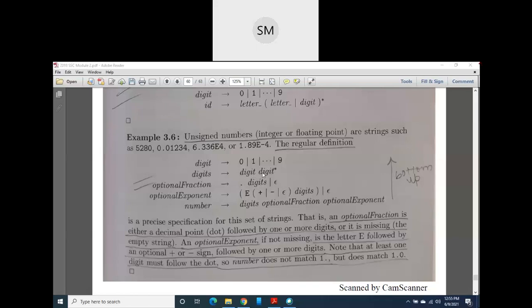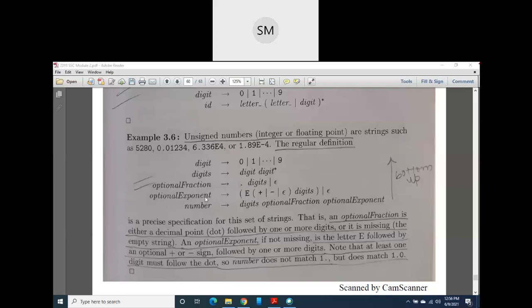Then after that digit, there may be 0 or more digits, or else epsilon. Why epsilon? Because fraction is optional. If a fraction is not present, if it is a whole number, then the fraction will be the empty string.